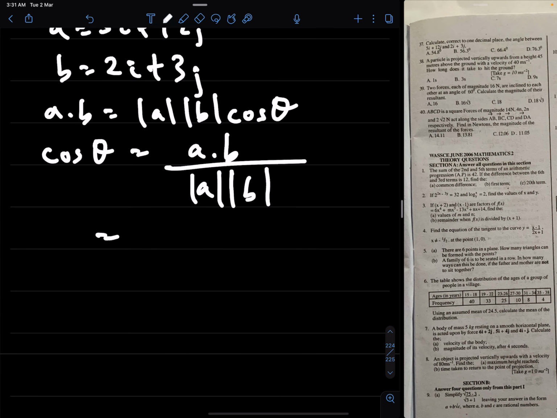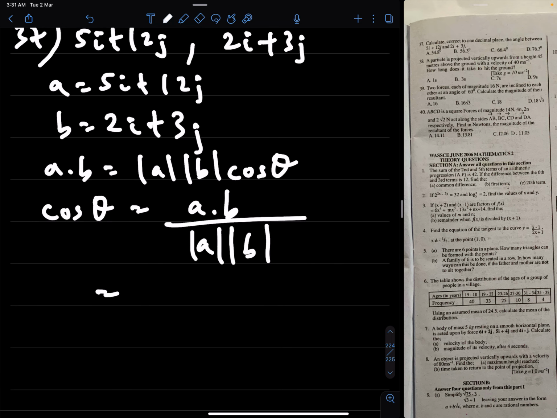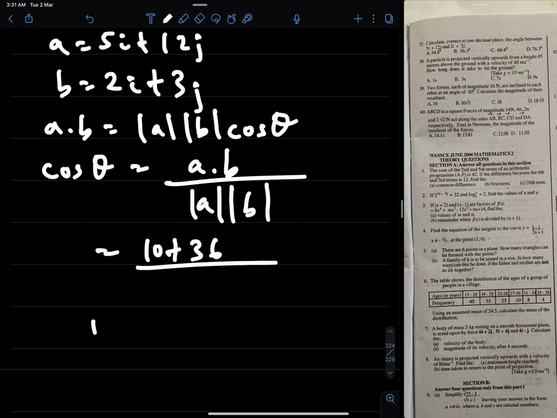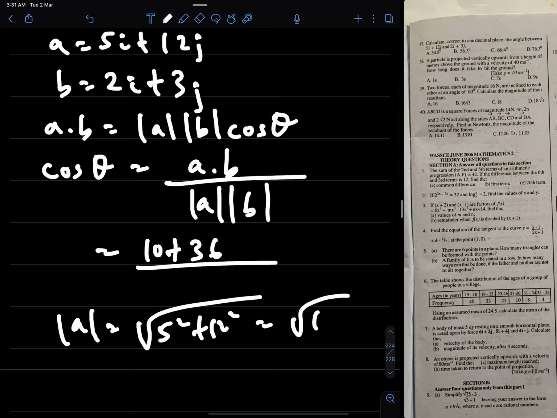And A dot B is 5 times 2, 10, plus 12 times 3, 36. So that's 10 plus 36 over the magnitude of A, which is the square root of 5 squared plus 12 squared, that's the square root of 169, and that's 13.